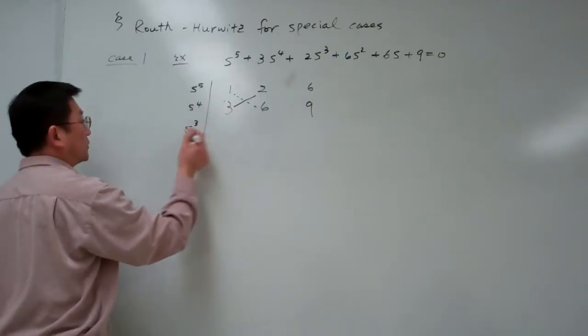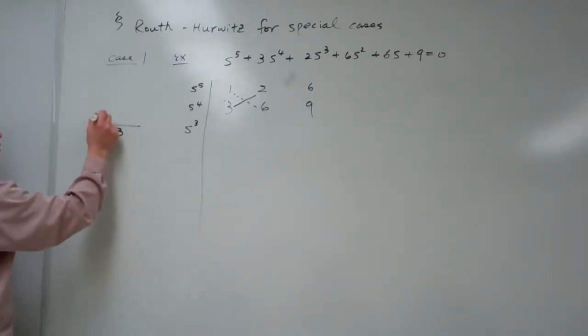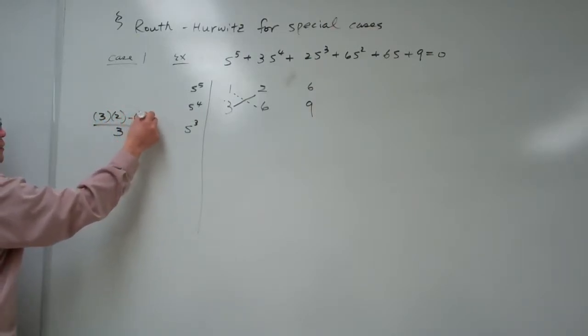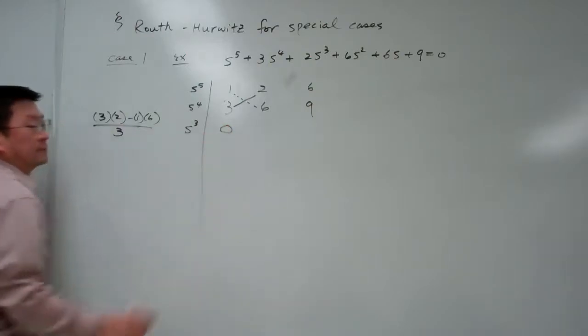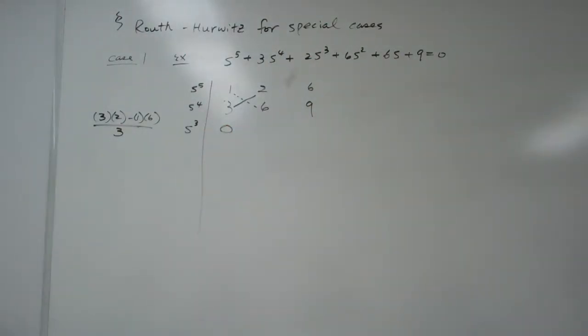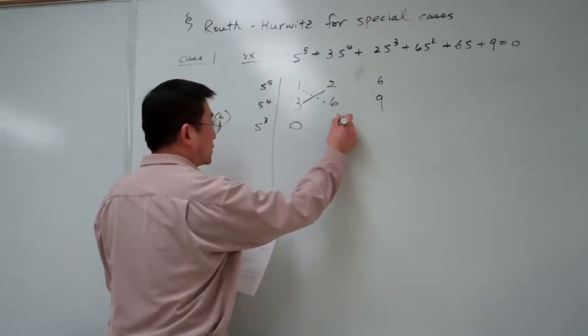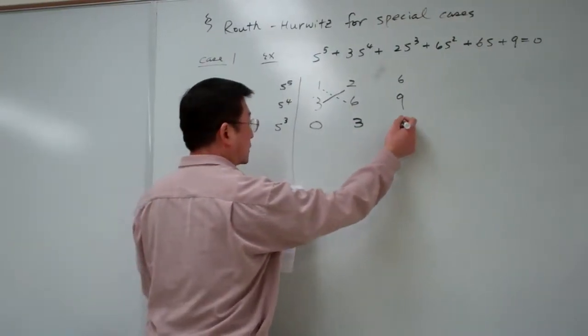If you do this calculation, I can write it up here: 3 multiplied by 2 minus 1 times 6. So basically, this is 0. So that comes up with a 0, and we can repeat calculating the remaining: that's a 3 and that's a 0.